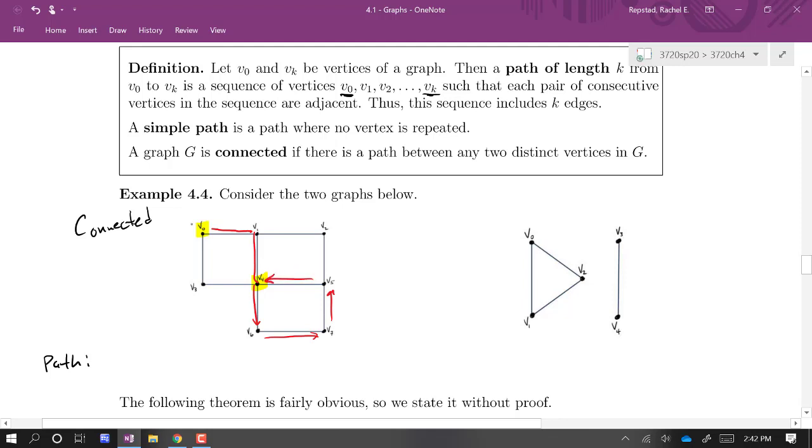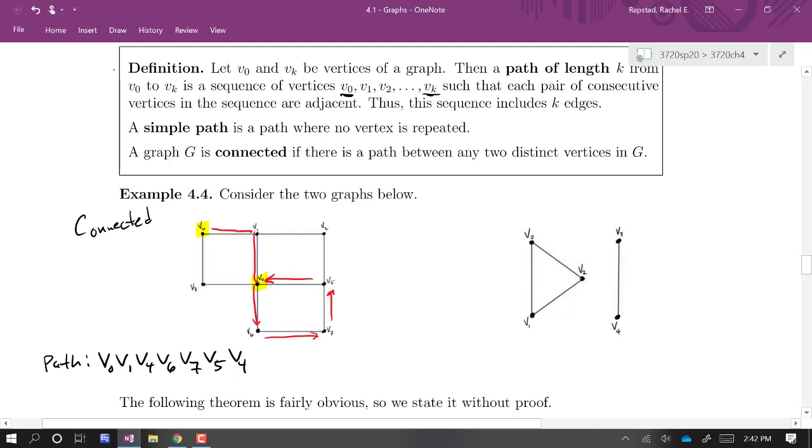So there's a path that starts at v0 and ends at v4. I would indicate that path just by listing the vertices in the sequence that we traverse them in: v0, v1, v4, v6, v7, v5, v4. There's a path. It's not a simple path because I've repeated a vertex, namely v4.